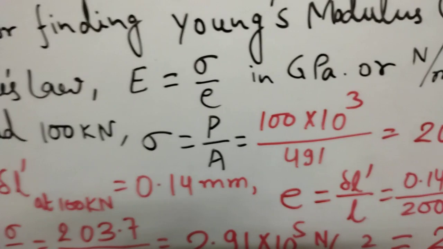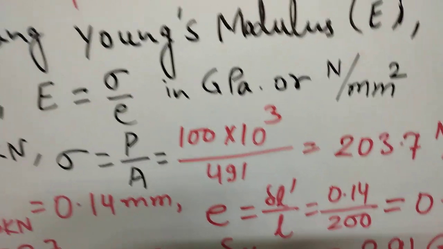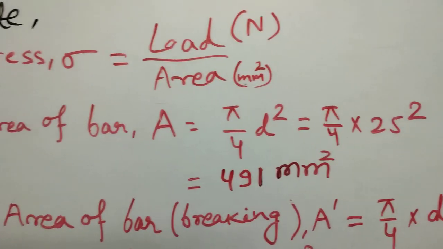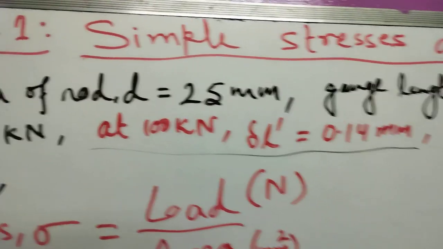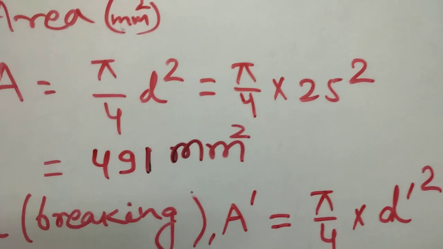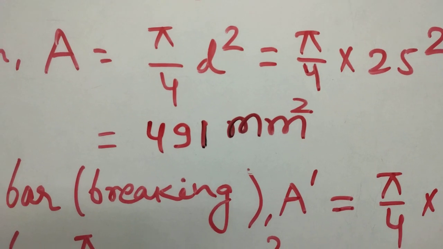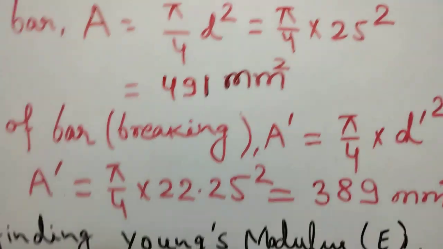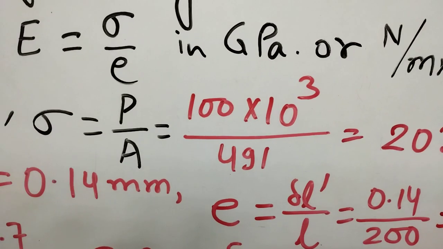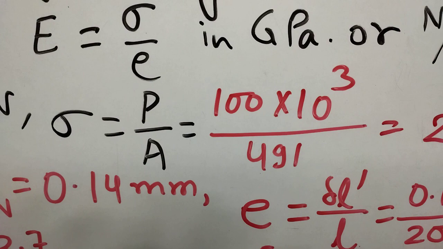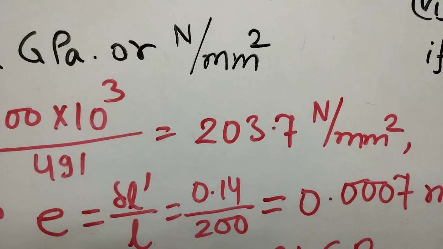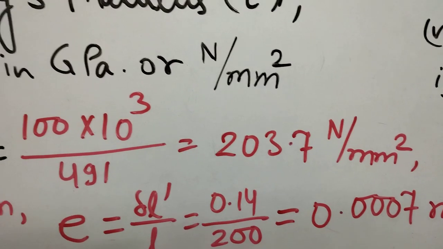Load at 100 kilonewton is 100 into 10 to the power 3, and area is the area of the bar, pi by 4 d square, where d is the original diameter of the rod, 25 millimeter. We put it here and get area 491 millimeter square. Putting the area value in the stress equation, sigma value is 203.7 Newton per millimeter square.